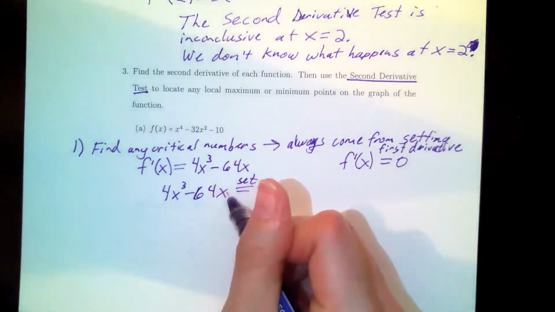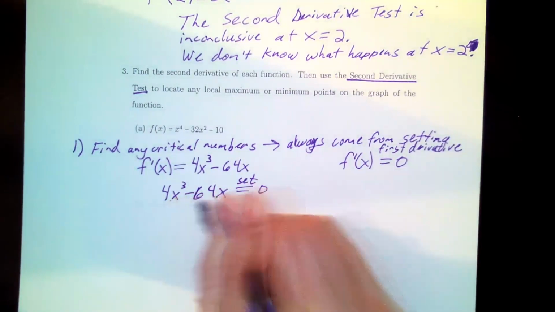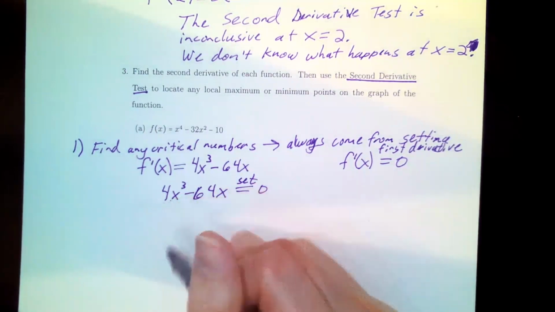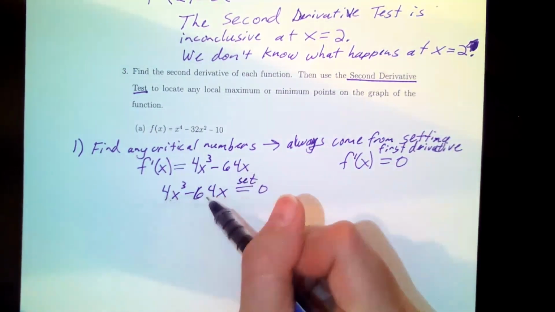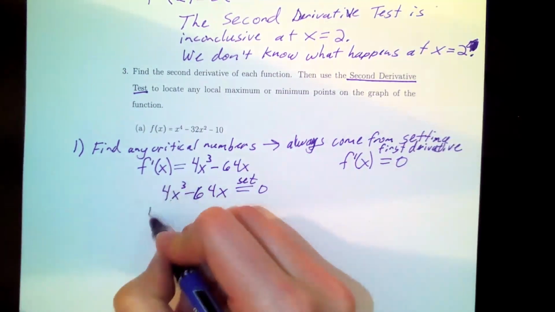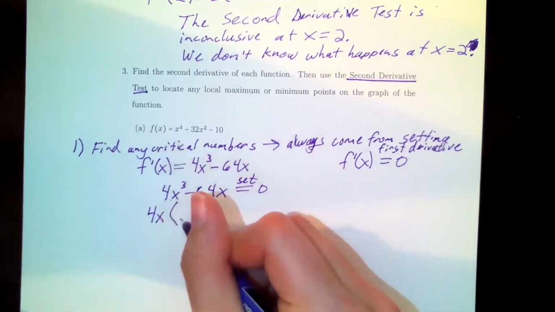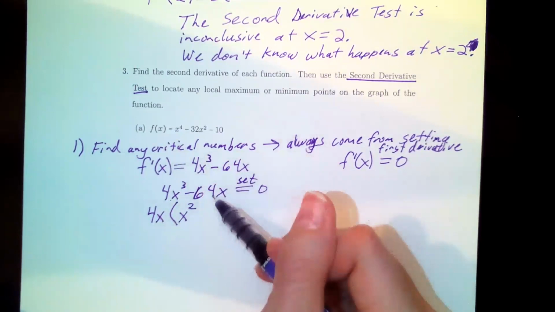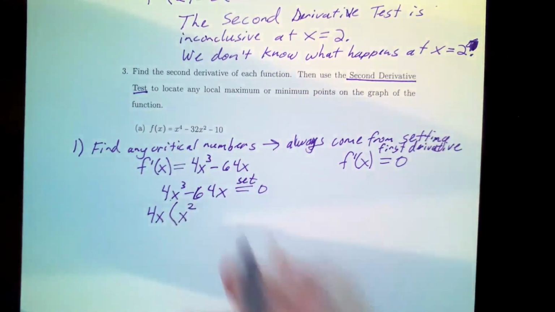We can take a greatest common factor out of both of these terms. 4 goes into 4 and 64, and x will go evenly into those as well. So I'm going to pull out a 4x. Now, 4x cubed divided by 4x gives x squared, and 64x divided by 4x is 16.